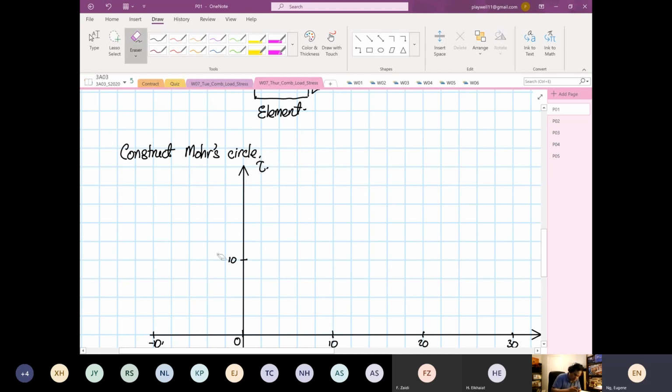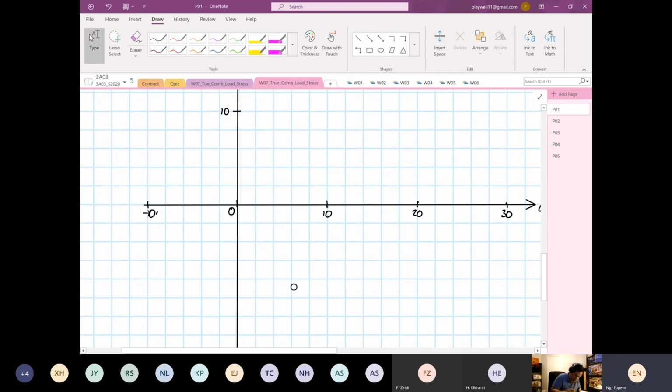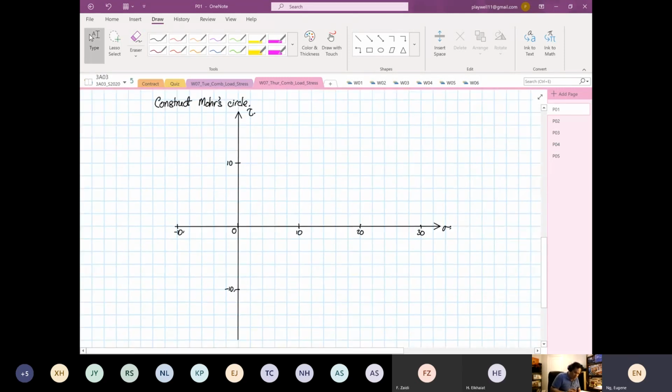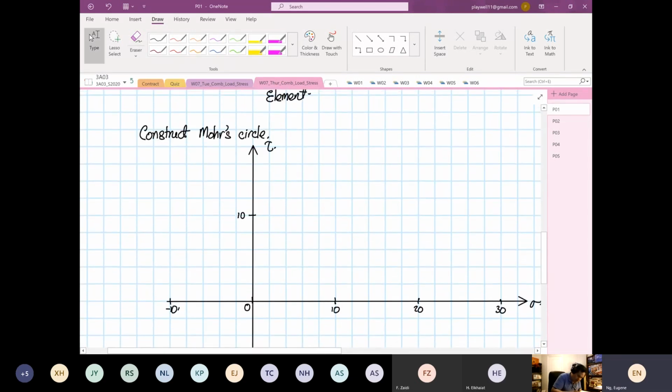I'm trying to get rid of this. I'm using the wrong scale. So 1, 2, 3, 4, 5. This is my 10. Then down here 2, 4, 5, this will be my minus 10. On Mohr circle, the vertical scale is shear, and the shear generated over here will generate a clockwise rotation.